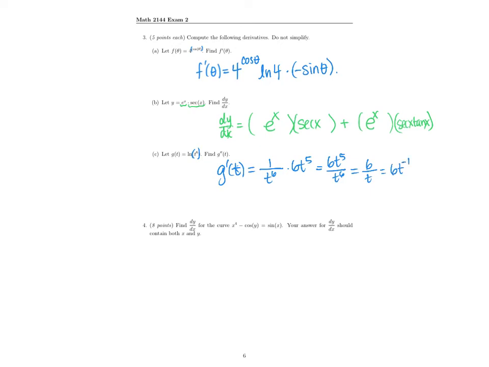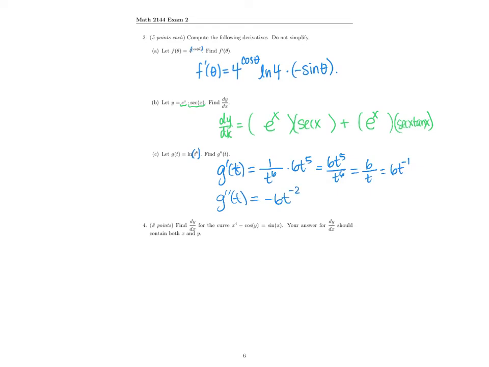Now all I've done there is simplify g prime. I haven't taken the derivative again yet, but I'm ready to take the derivative now. So I can take g double prime of t, and since I have it written this way with 6t to the negative 1, I can just use the power rule to take the derivative again. So I'll have negative 6t to the minus 2 is my second derivative.